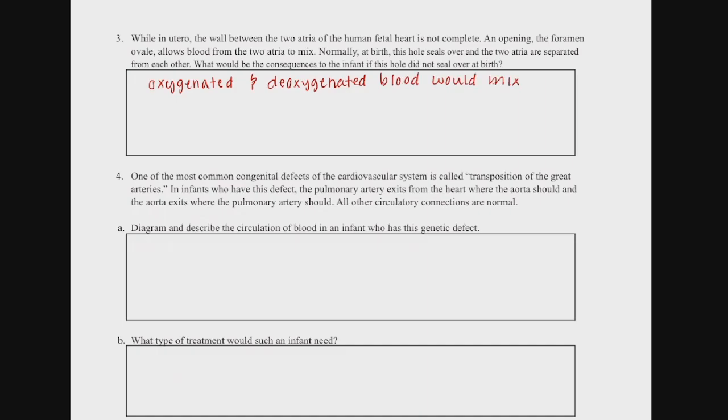We can see how this is a problem. If we can't separate the two, then we can't be sufficiently giving our tissues enough oxygen. We also can't be resupplying the deoxygenated blood with oxygen. And what this does in babies is called blue baby syndrome.